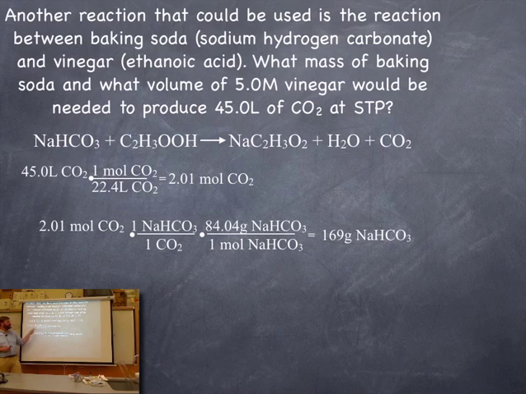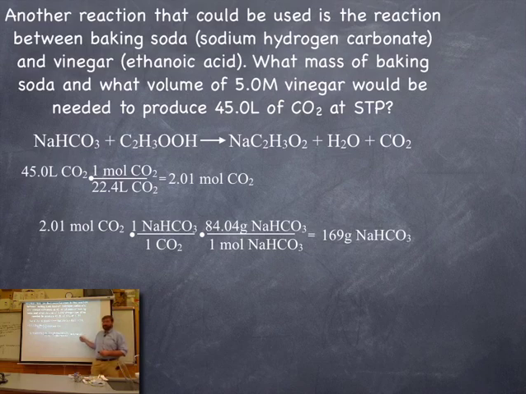I did the conversion to get into moles. Now I'm using the moles to convert from moles of carbon dioxide to moles of baking soda. Then I can use the molar mass from the periodic table to convert from moles of baking soda into grams of baking soda. And I find out I need 169 grams of baking soda.